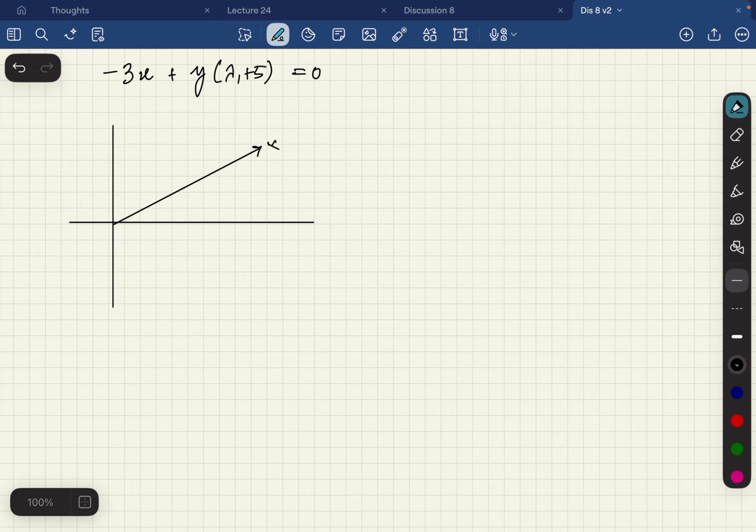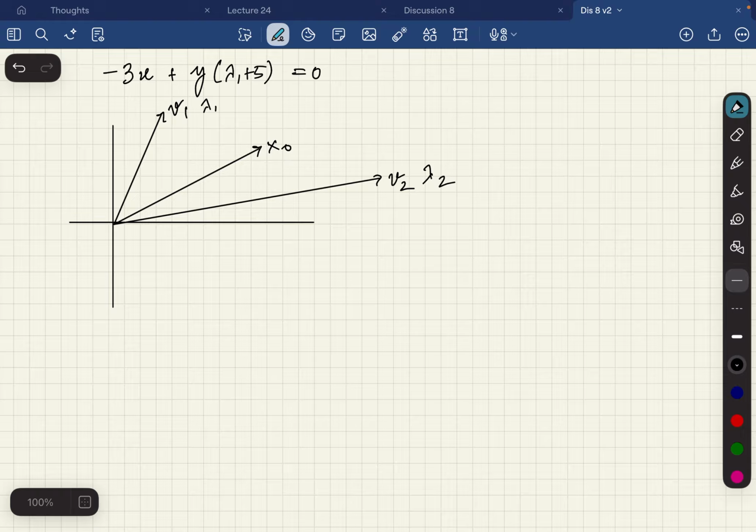Let's say this was my initial state vector x naught, and these are the eigendirections of A, v1 and v2. v1 has eigenvalue lambda 1, v2 has eigenvalue lambda 2.